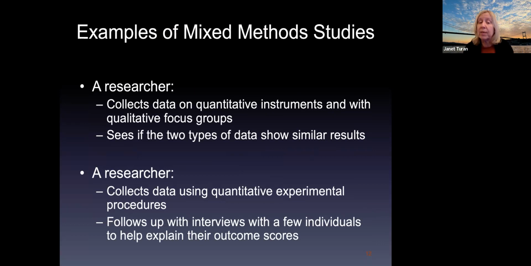And then they might want to see if those two types of data show similar results. Or another example could be a researcher who is going to collect quantitative data using experimental procedures, but then wants to do follow-up interviews with a few individuals who participated in the quantitative experiment to help explain their outcome scores. I mean, how did they get these results?